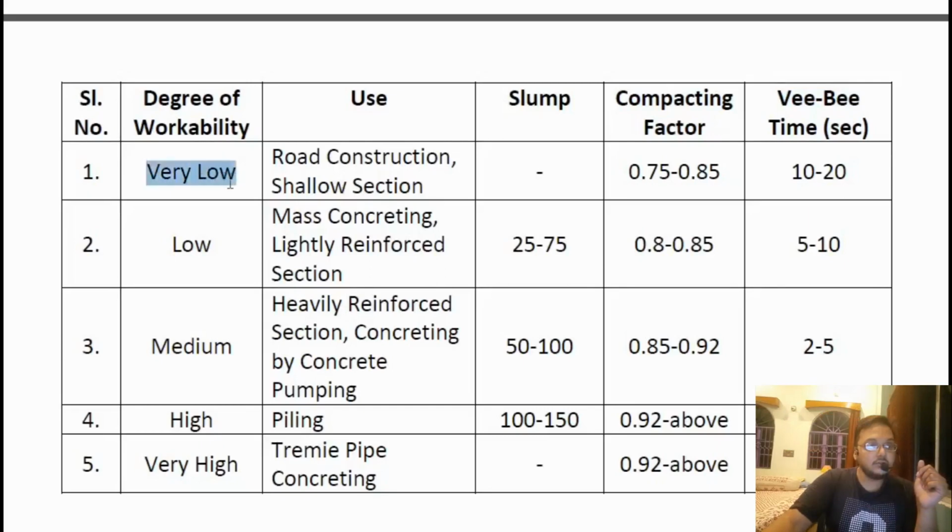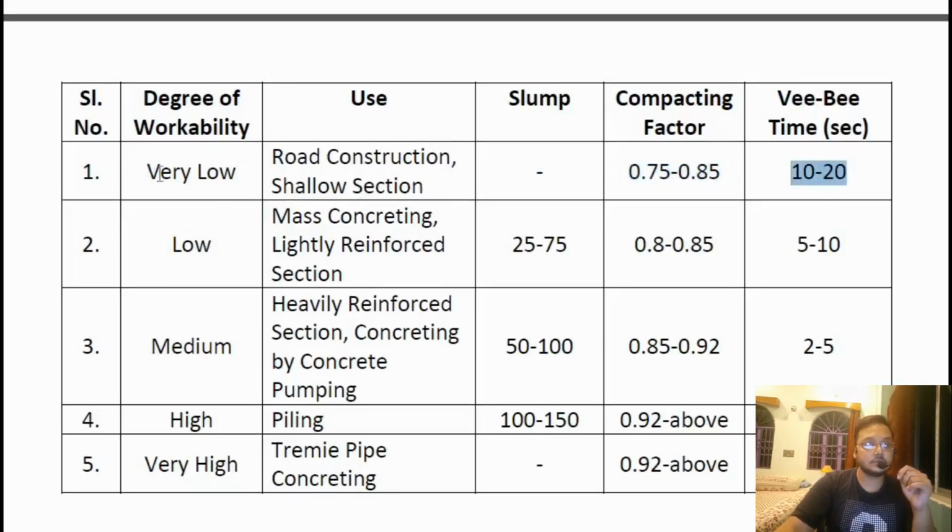For concretes which have a very low degree of workability, we don't consider the slump that forms in it. Actually, these concretes have the minimum possible slump, which cannot be accounted through the slump cone test, but we will have a particular compacting factor for this and a proper VB time.